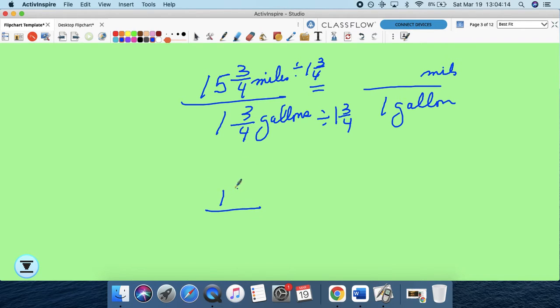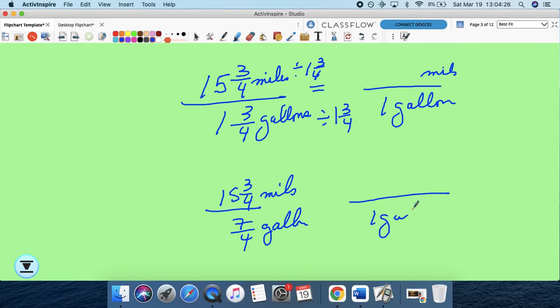If you don't have a calculator, let's change that. 4 times 1 is 4 plus 3, so that's the same thing as 7/4 gallons, right? If you want to change that to 1 gallon, you would multiply this by 4/7, and multiply this by 4/7. The 7s cross and simplify, you get 1 gallon.